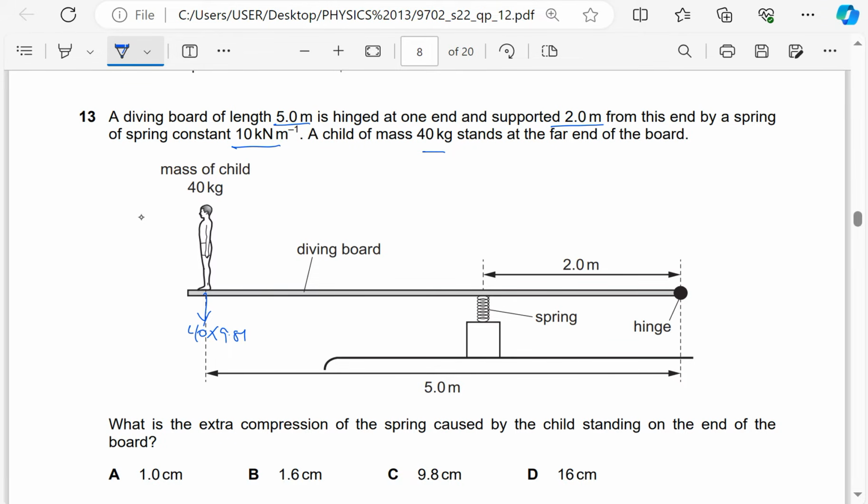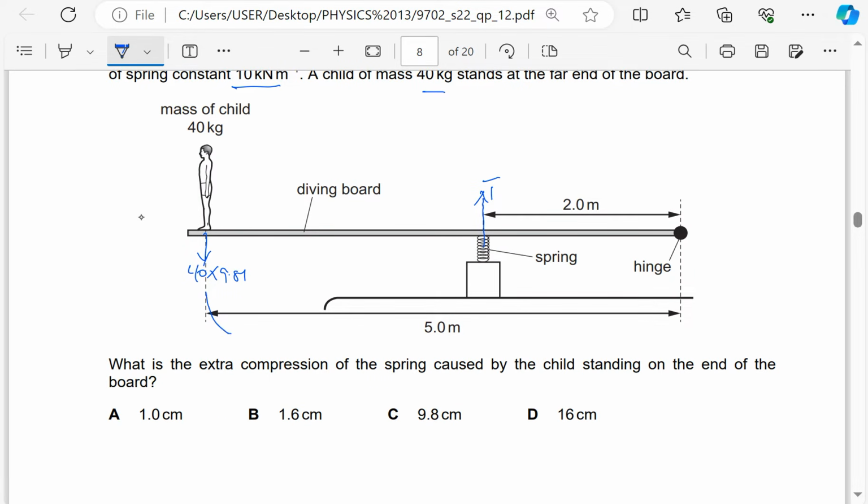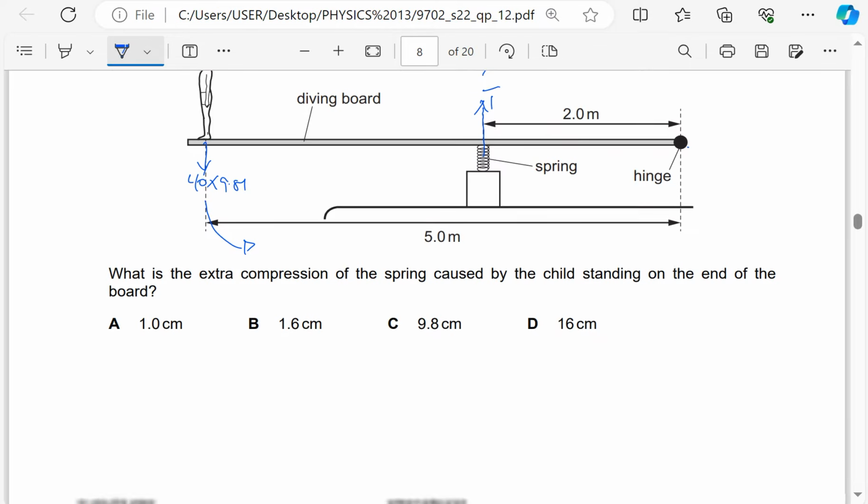If the spring compresses, there must be tension here, and the tension is going to be T. The child is going to cause anticlockwise moments about the hinge. The tension is going to be causing clockwise moments about the hinge. By the principle of conservation of moments, the sum of anticlockwise moments should be equal to the sum of clockwise moments.